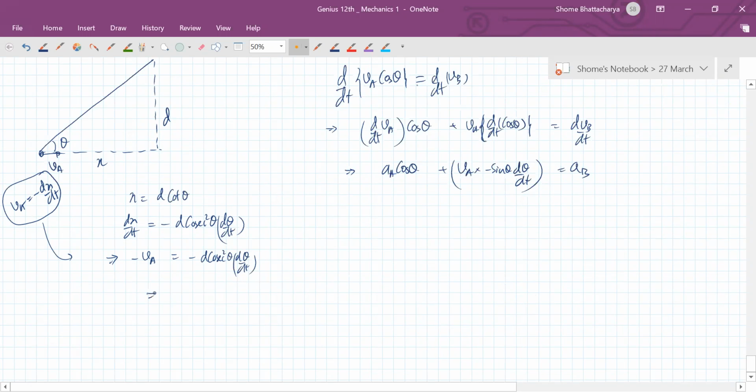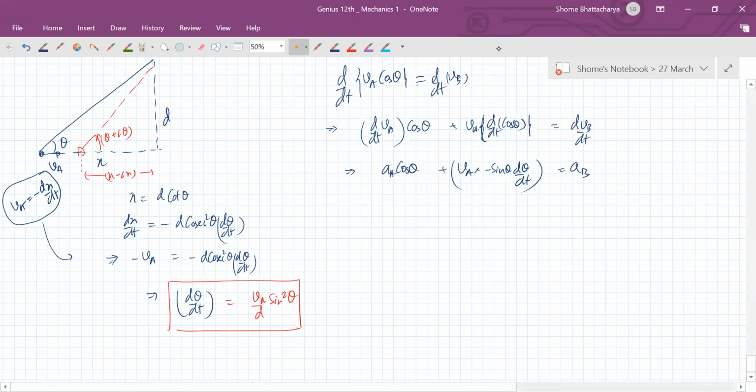So we can see that theta is increasing because d theta by dt is a positive quantity, which makes sense because as this is moving here, theta would have increased, whereas x is decreased. Okay. So anyway, d theta by dt is VA upon d sine square theta. Is this correct? This is the same constraint relation you have got, Ganesh?